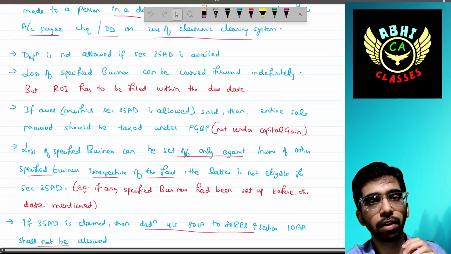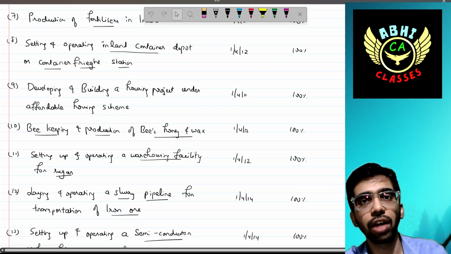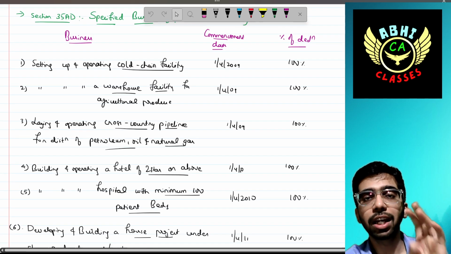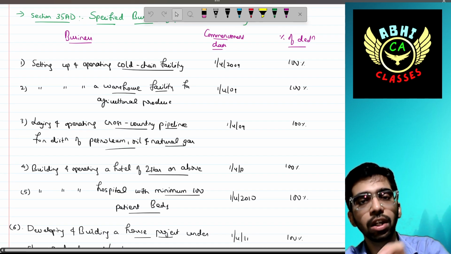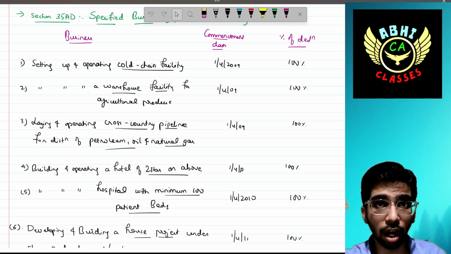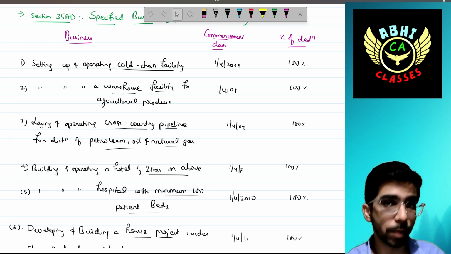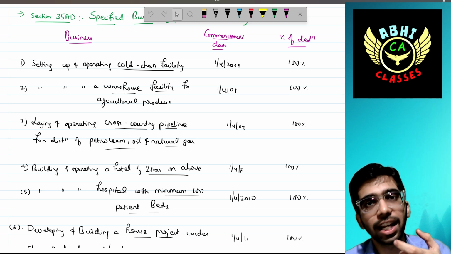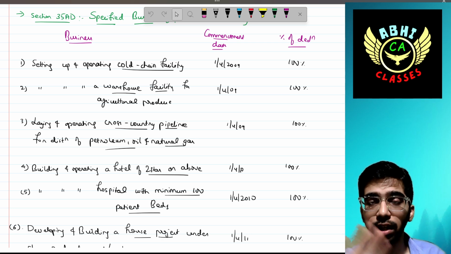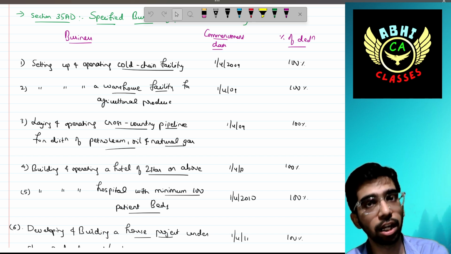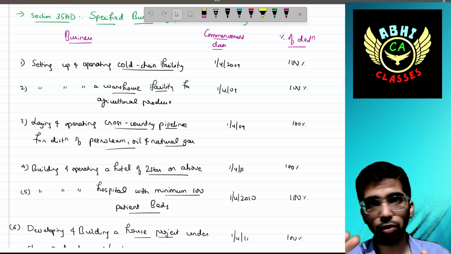Let's say, for example, here actually we have mentioned, I have narrated one example. I am incurring a loss of cold chain facilities, let's say 50,000. I am also having one more specified business of warehousing facilities of agricultural produce, but that has been commenced with effect from 1/4/2008, in respect of which the deduction would be nil.